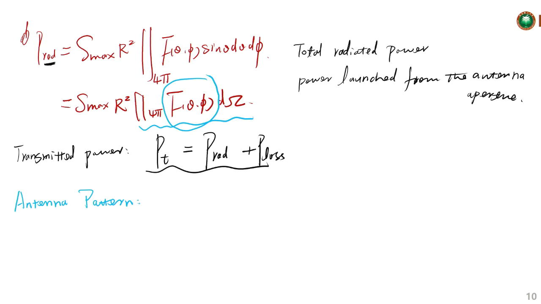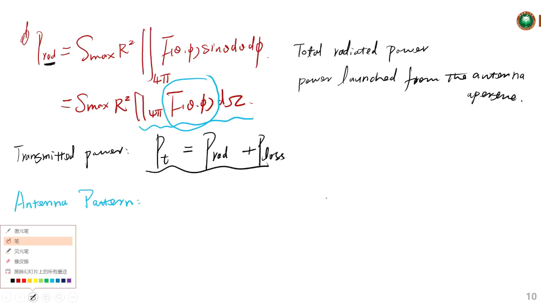For the antenna pattern, as we all know, we usually express it in a polar system or in a Cartesian coordinate system.